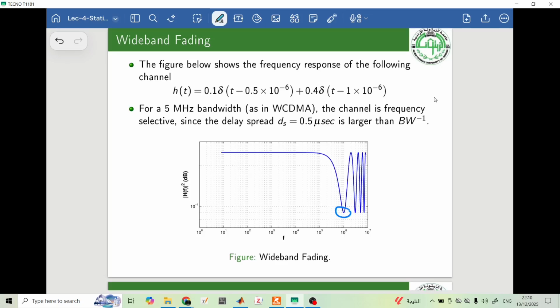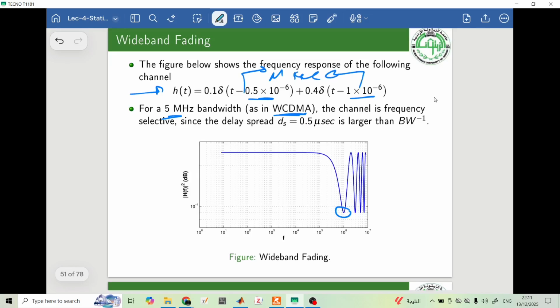We have this impulse response of a WCDMA, which is a 3G system channel. We have the bandwidth of 5 megahertz, right? And you can see here that the delay is in the order of microseconds.